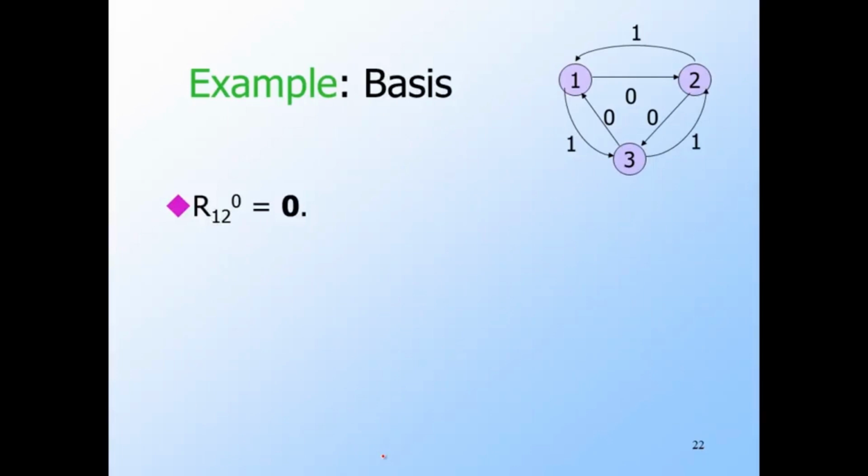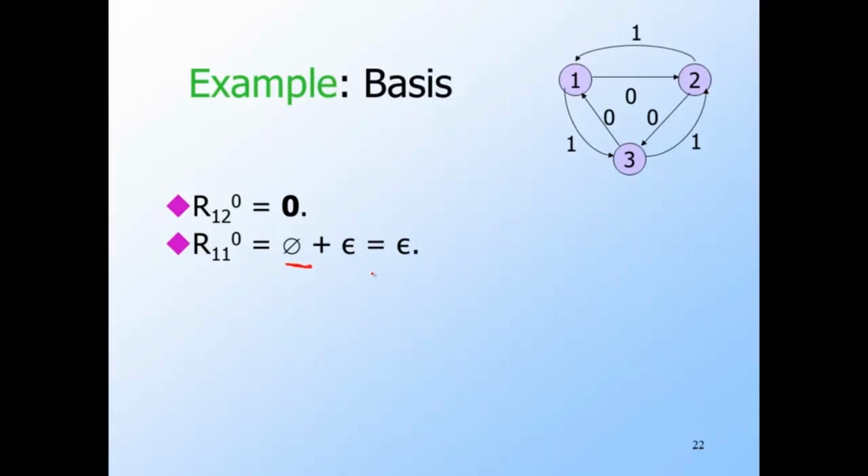R_12^0 equals 0, since that is the label of the arc from state 1 to state 2. And, of course, state 1 is not equal to state 2. Now consider R_11^0. There's no arc from state 1 to itself, so we start out with the empty set.